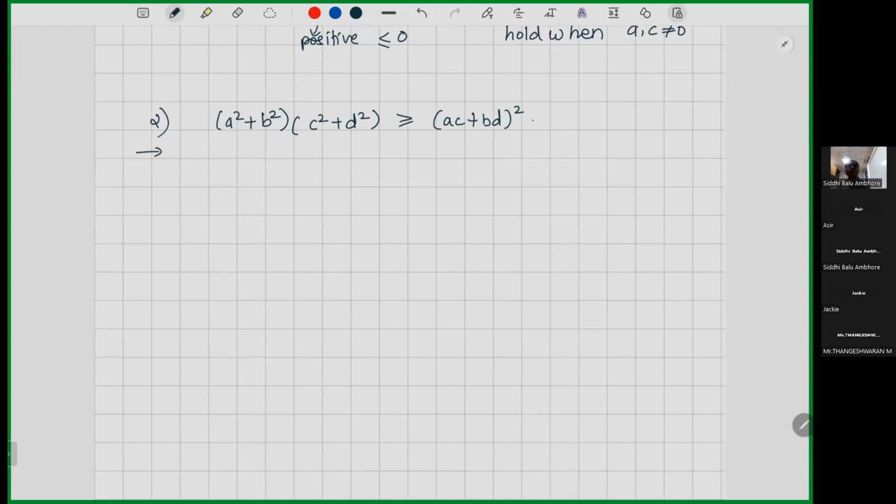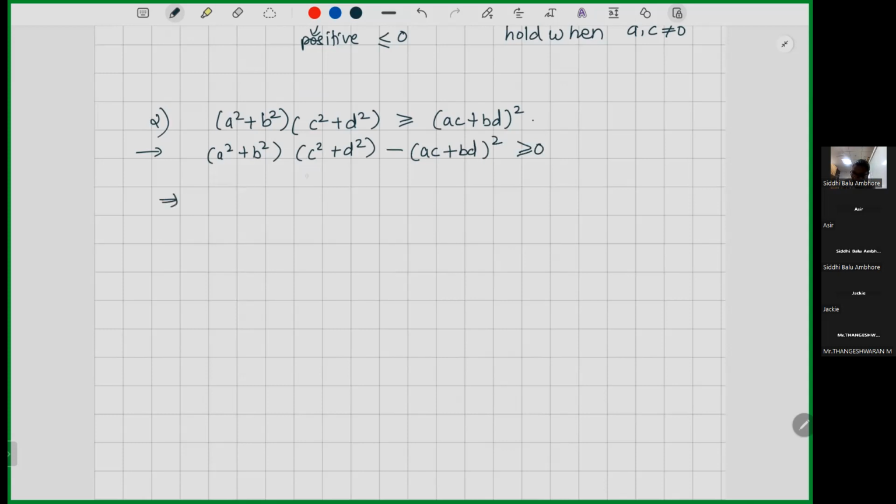This should be true. Yes, this is true. So how to go about it? Note that this statement implies what? That A square plus B square into C square plus D square minus AC plus BD whole square is greater than or equal to 0, right? These two are equivalent, just taking the right hand side to the left hand side. Okay.